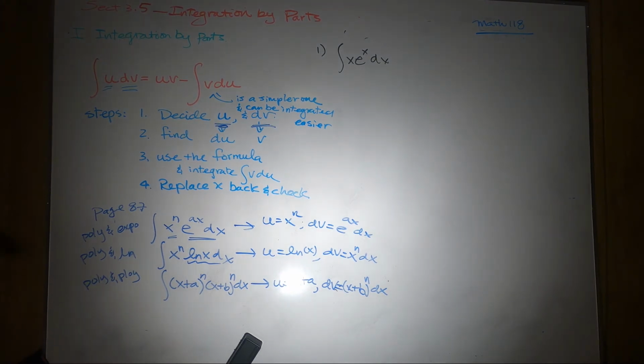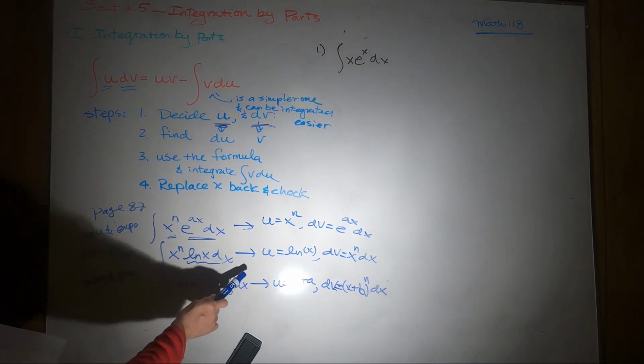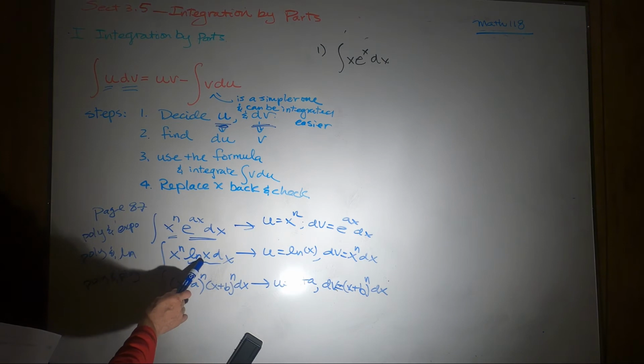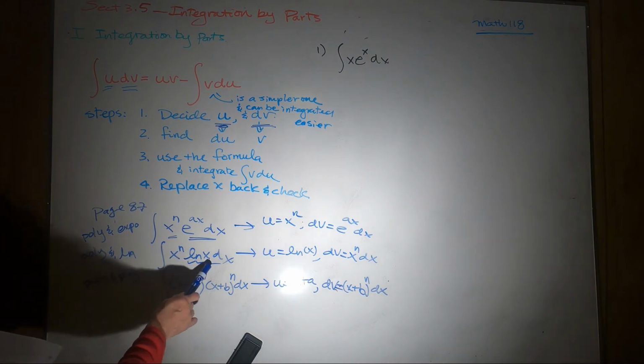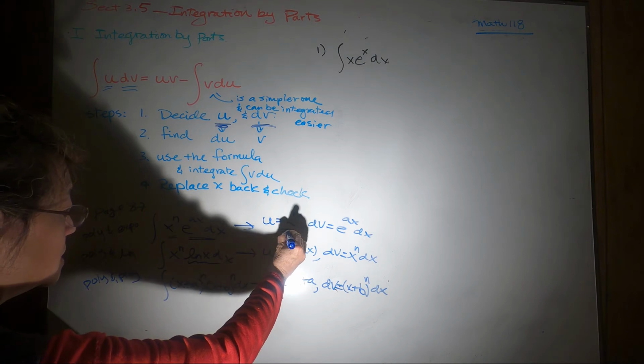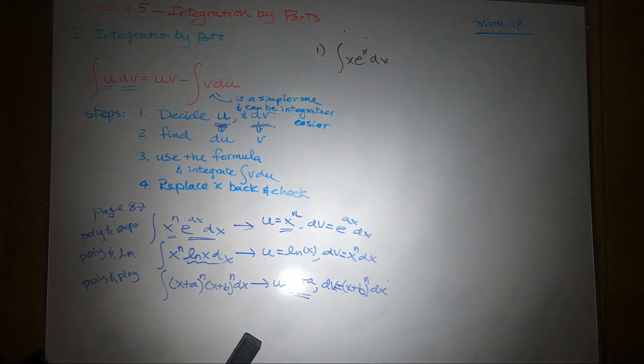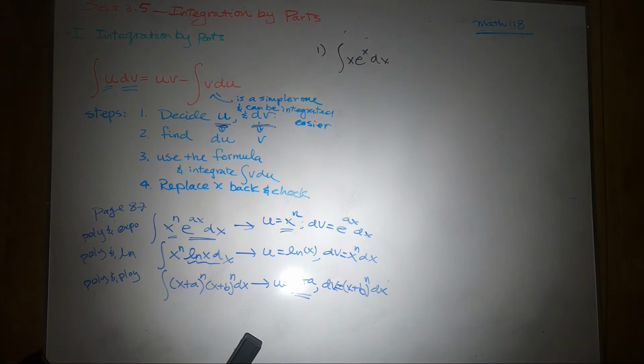Okay? And if we have a log, then we will use u for the log. So if we don't have a log, then we will use u as the polynomial part. So that's a rule of thumb.